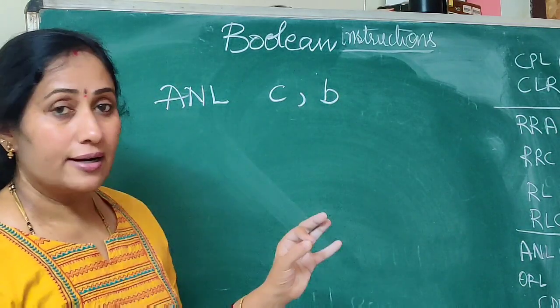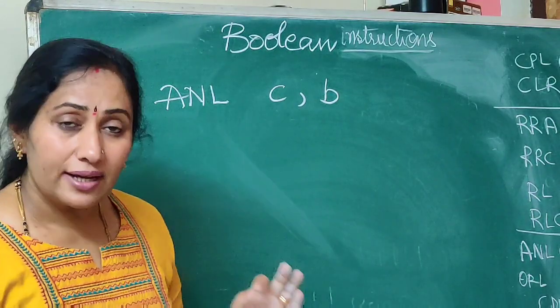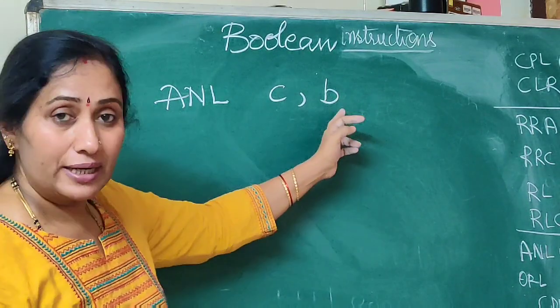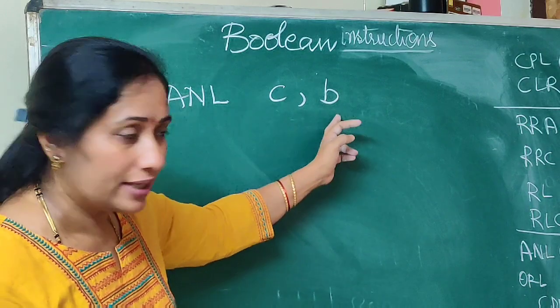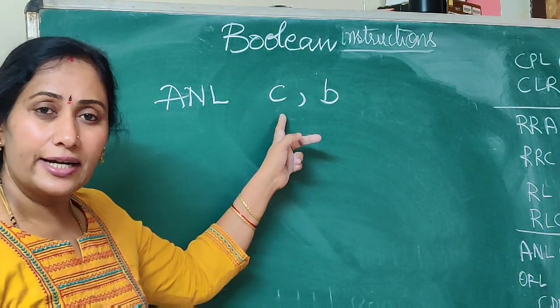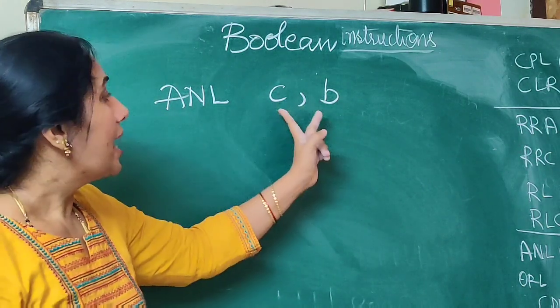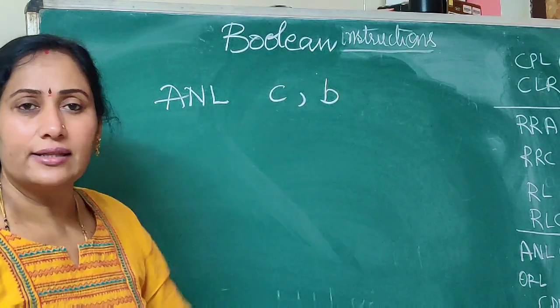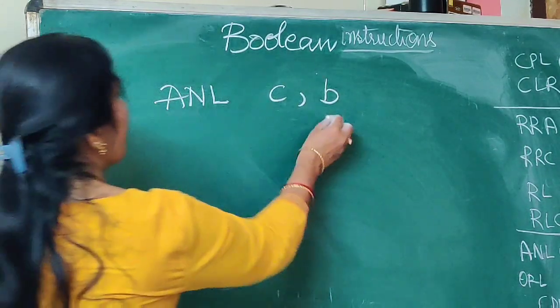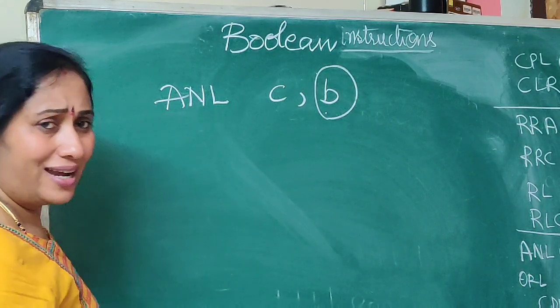B is the bit address. And C is the carry flag. The content of the bit address will get ANDed with the contents of the carry flag, and the result is placed in the carry flag.